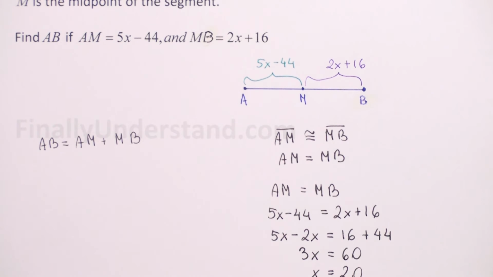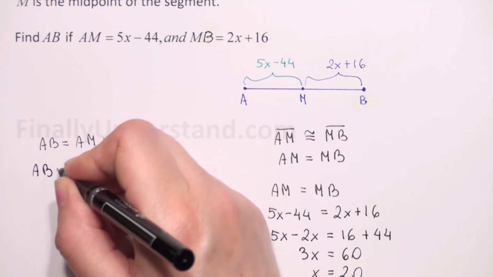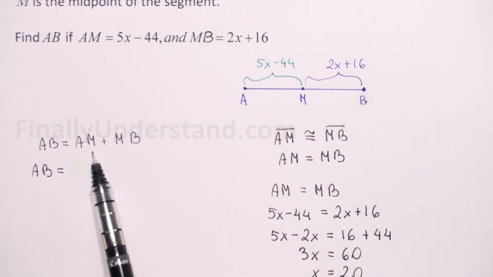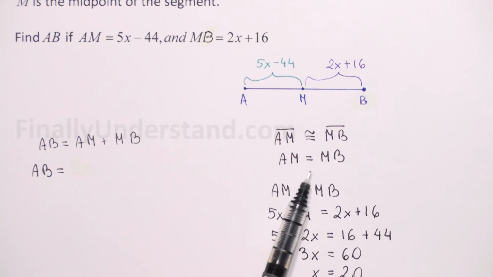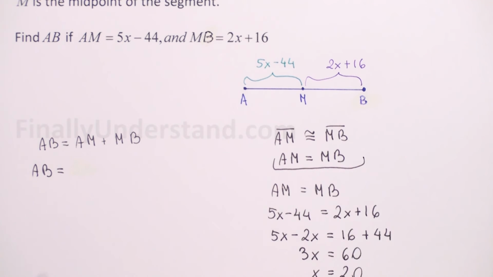We have x. So now we can come back to our equation. We have to find AB. We have that AM is equal to MB, so we can substitute AM by MB.